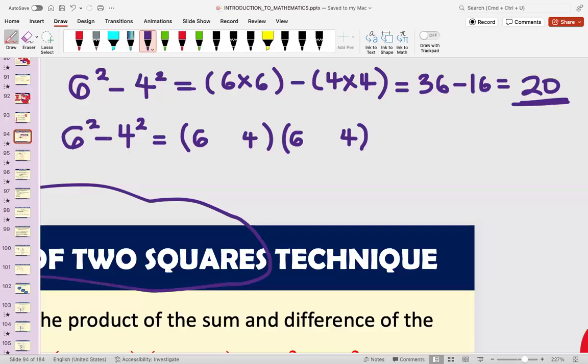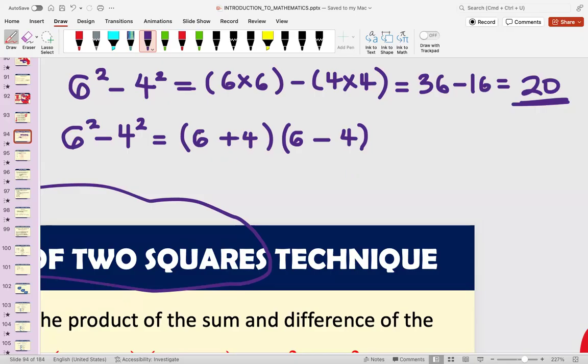Last consideration, if this 4, which has a negative sign, is crossing over the equal sign, once it's negative here, when it crosses, it carries a positive sign. If this 4 wants to go back to where it came from and tries crossing again to the left side, it will carry a negative sign.